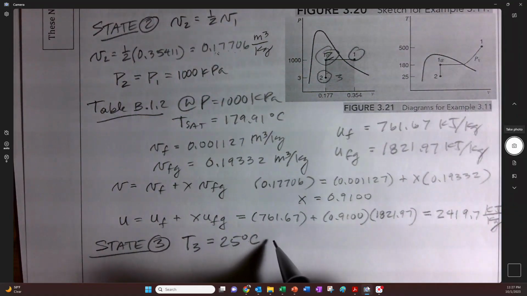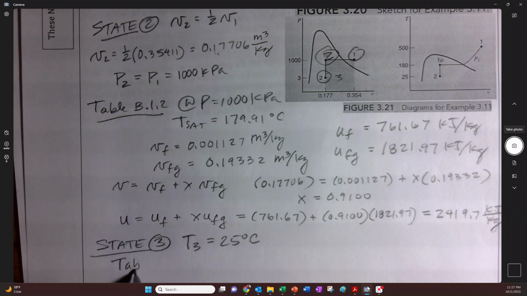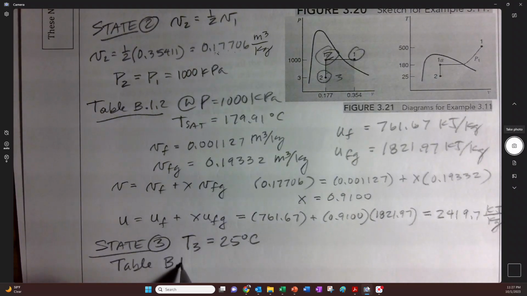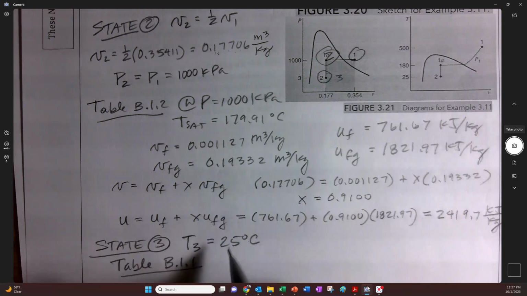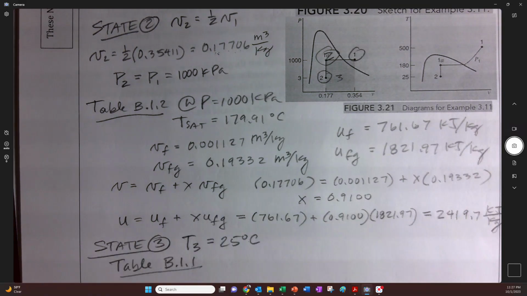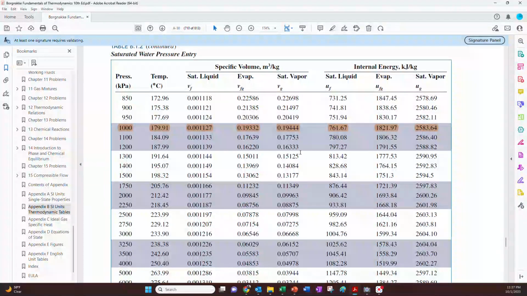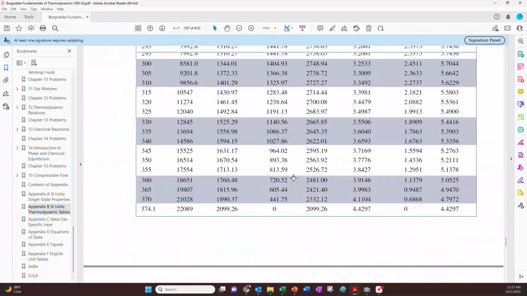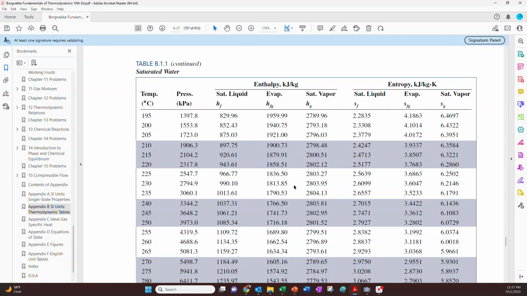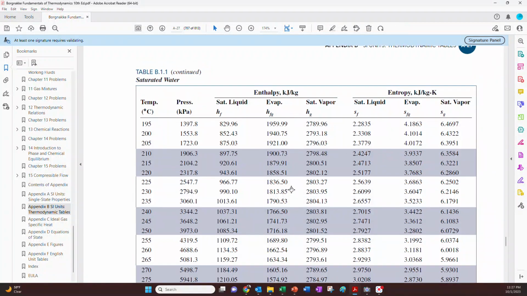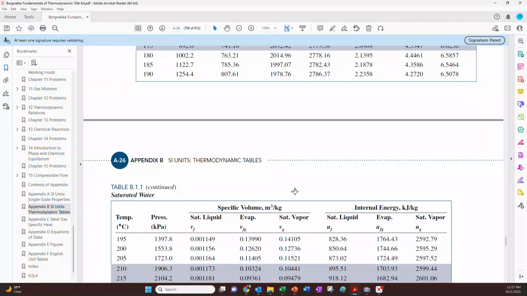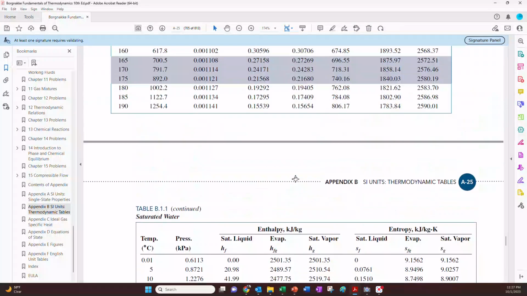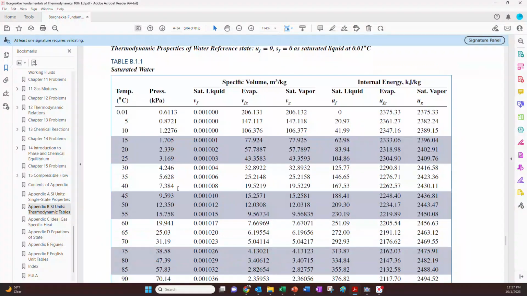So we're going to go to table B.1.1 at that temperature condition. Is that the right one? I think so. 25 degrees. Here you go.